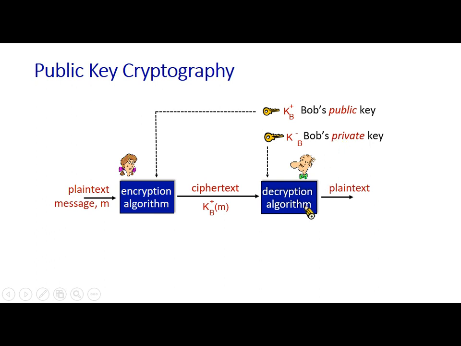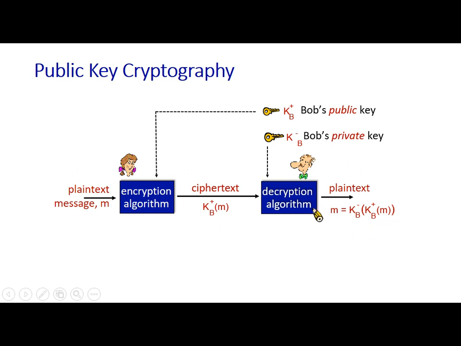When we use the decryption algorithm with Bob's private key, we recover the message, turning the ciphertext back into the plain text M.